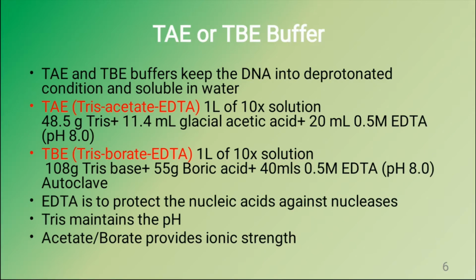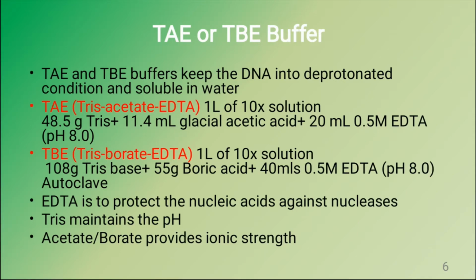Since double distilled water is 18 megaohms and resistant to electricity, these buffers are highly preferable. In addition, TAE and TBE buffers have additional advantages: the presence of EDTA will protect the nucleic acids against nucleases, acetate and borate will give the ionic strength, and Tris will give uniform pH maintenance.